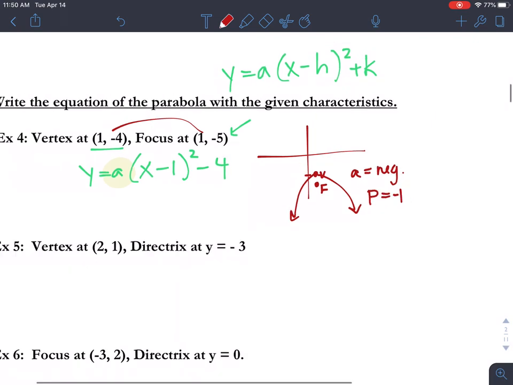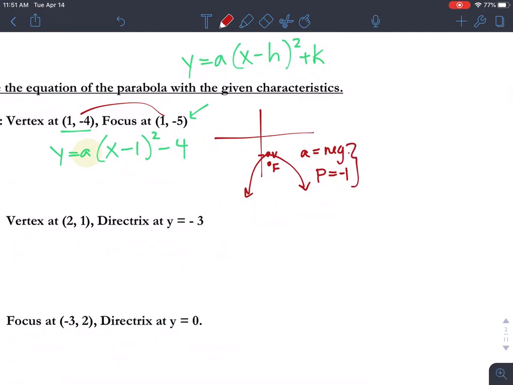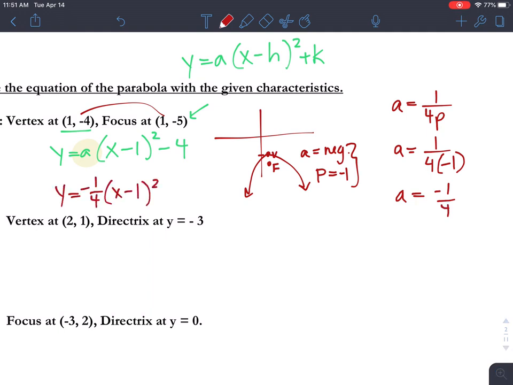Okay, now this is very important because I have a lot of information here and I have this little equation, a equals 1 over 4p. So I'm going to be plugging in. a equals 1 over 4 times negative 1. So a is negative 1/4. Final answer over here, guys. Negative 1/4 times x minus 1 squared minus 4.